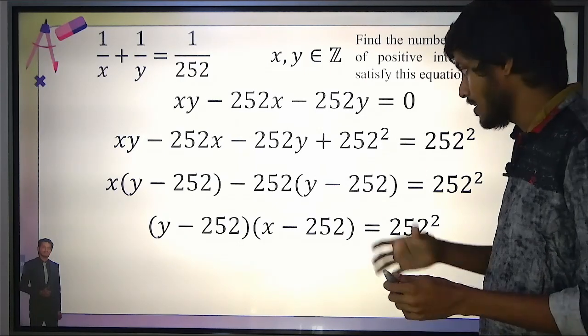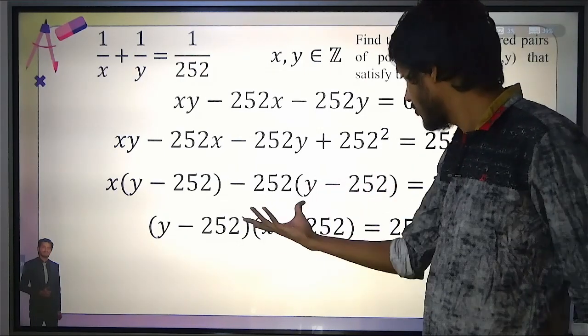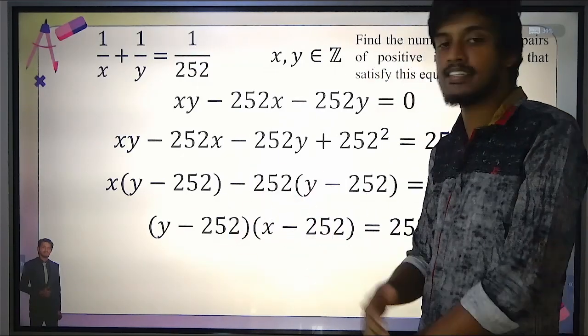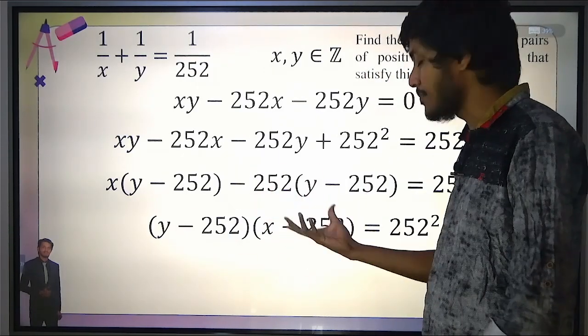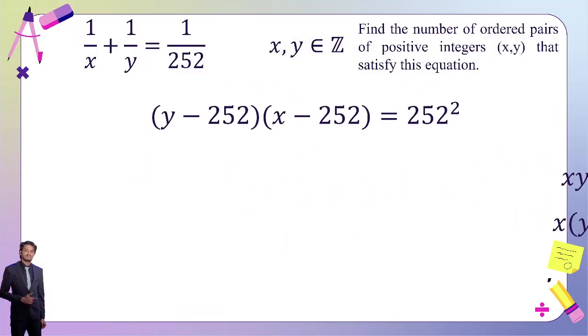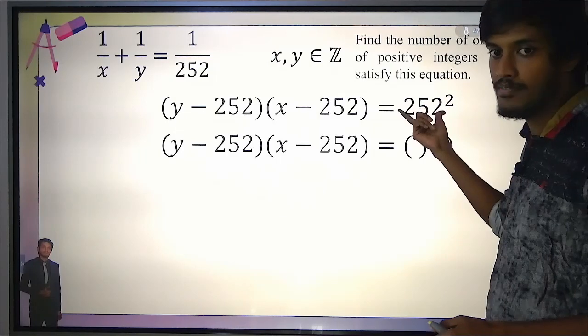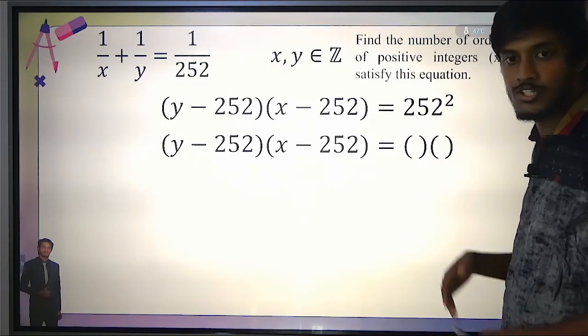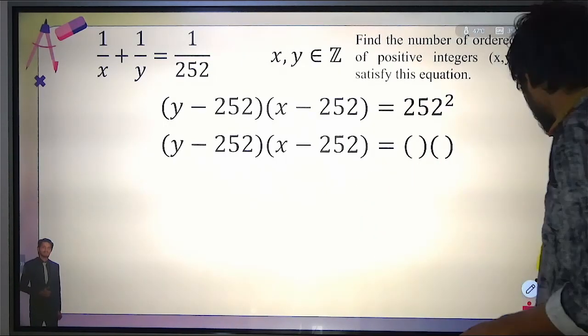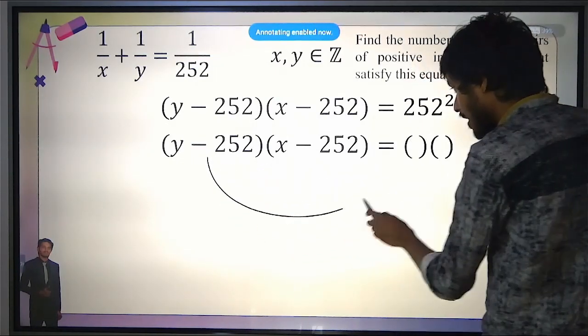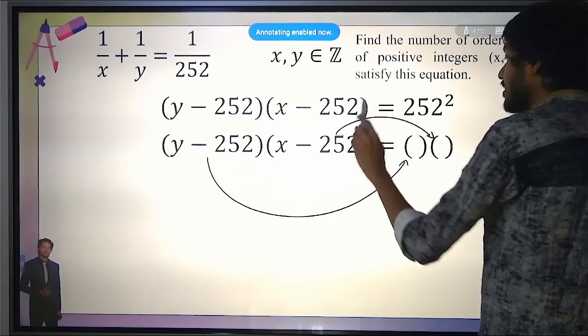So, now I have written the equation as a product, and also I have separated x and y into separate terms. What I am going to do is write this 252 squared as a product. So I can prepare two equations by corresponding this part to here and this part to here.